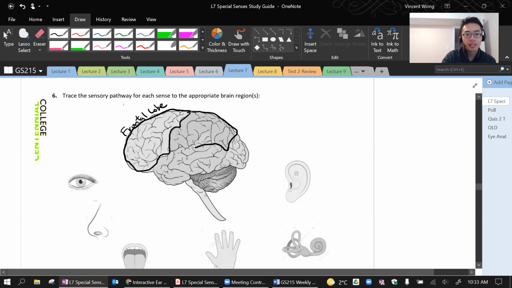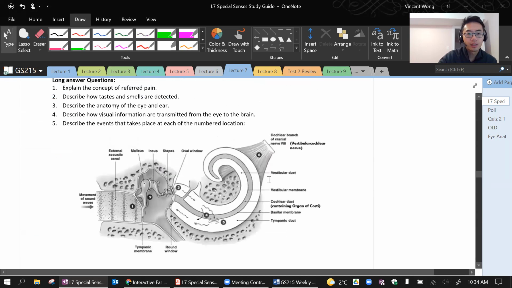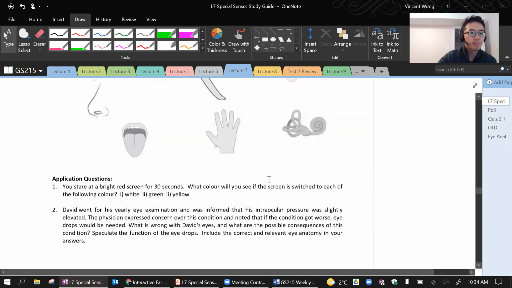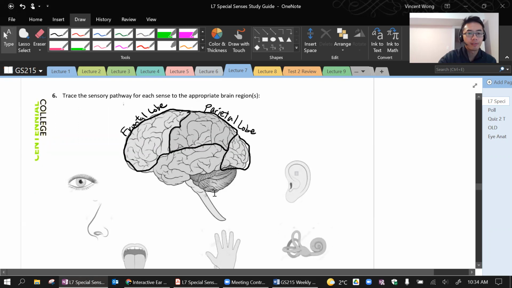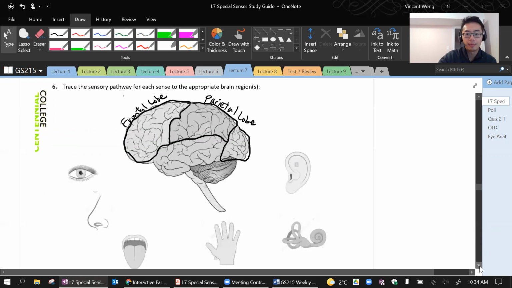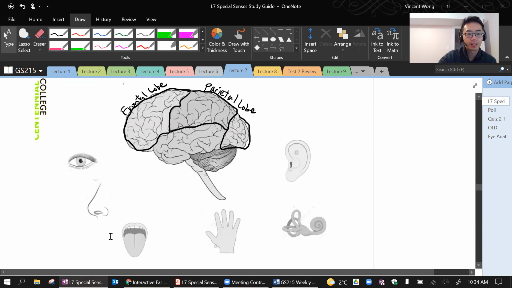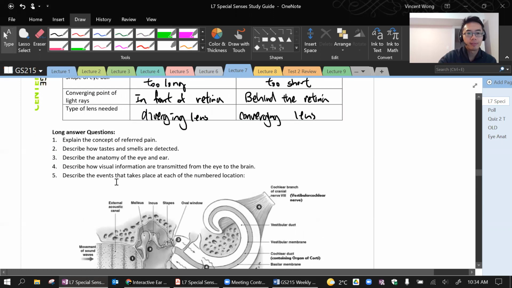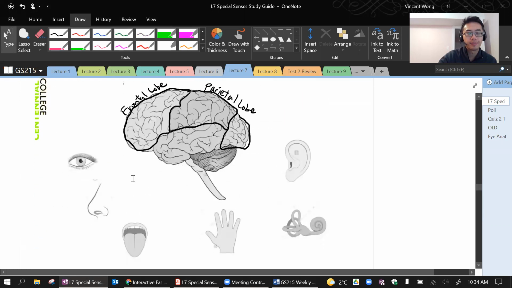Here is the parietal lobe. What page is this on? This might not be in the workbook. If you got the workbook from the bookstore, I do apologize about that. But it's in the study guide that I posted.